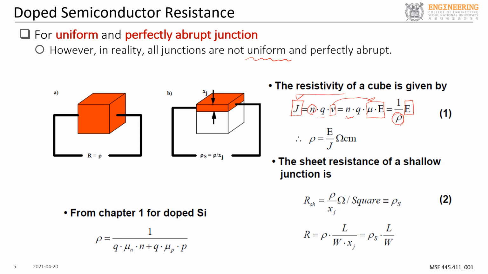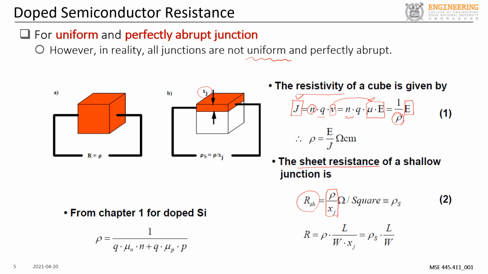In reality, what you usually measure is the sheet resistance. The sheet resistance is basically this one: you divide the resistivity from above by the thickness of the junction, which is Xj in this case, and that's called the sheet resistance.